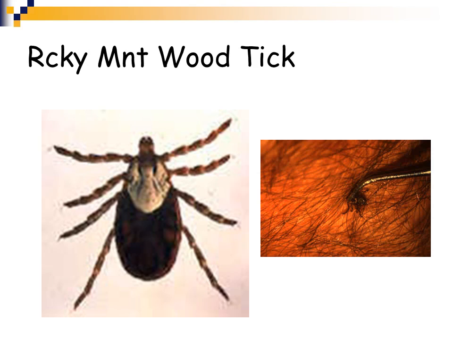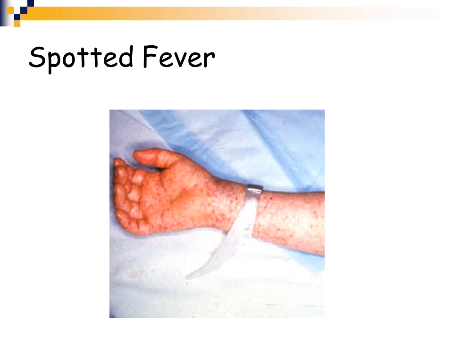So the picture on the left is a highly magnified picture of a wood tick, and on the right is a tick that is taking a blood meal that is being removed with a pair of tweezers.